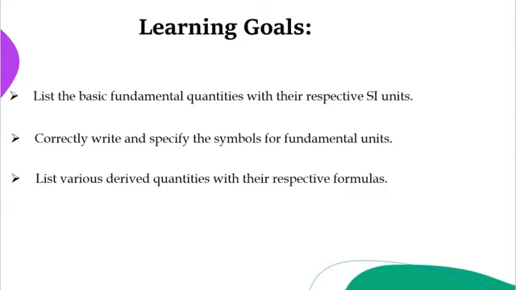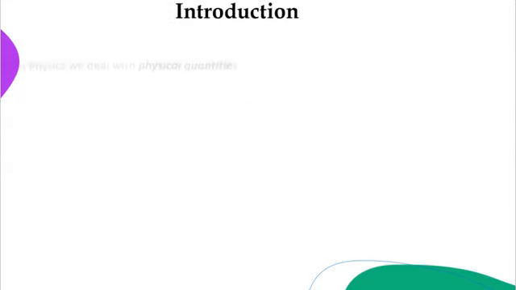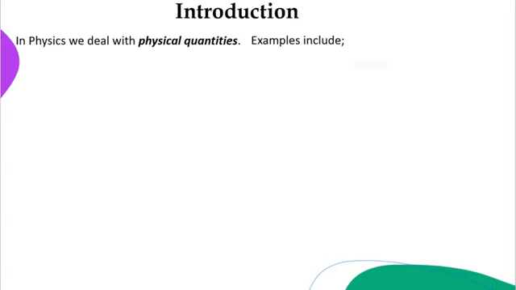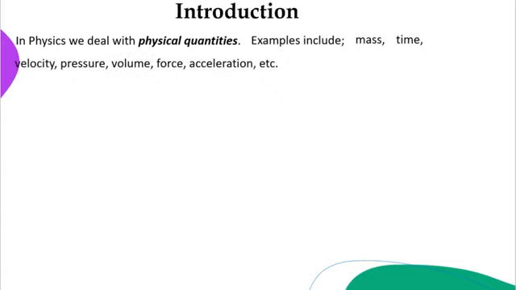Okay, as a way of introduction, in physics, we deal with physical quantities. When we say physical quantities, what are we talking about? Examples include mass, time, velocity, pressure, volume, force, acceleration, etc. There are a whole lot of physical quantities, over 20, 30, thereabouts, even more. But these are just a few examples.